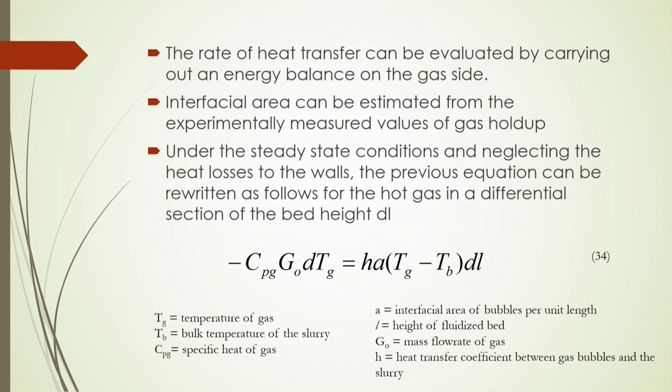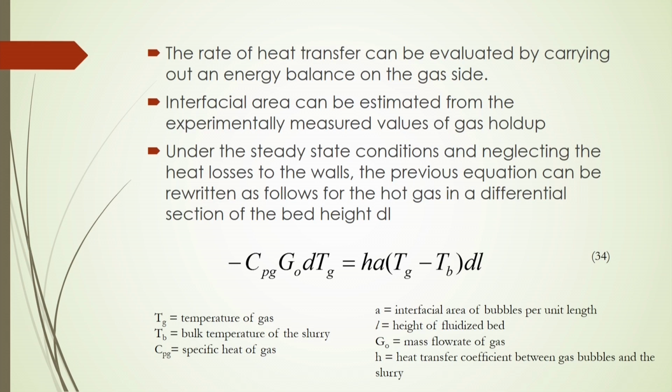Now, the rate of heat transfer can be evaluated by carrying out an energy balance on the gas side. In this case, the interfacial area can be estimated from the experimentally measured values of gas hold up.